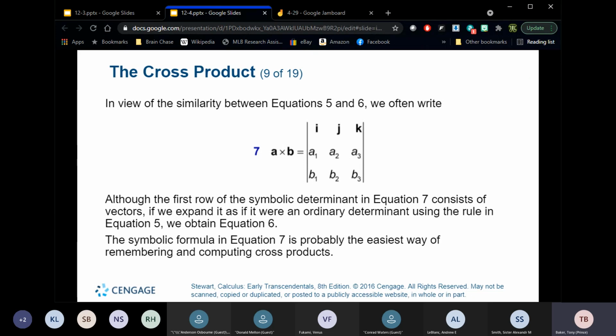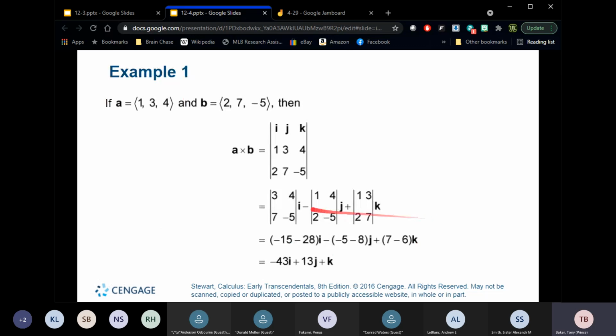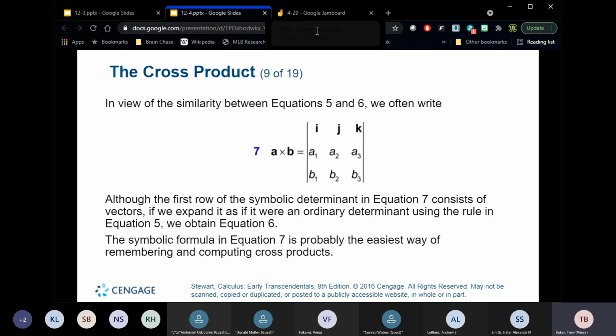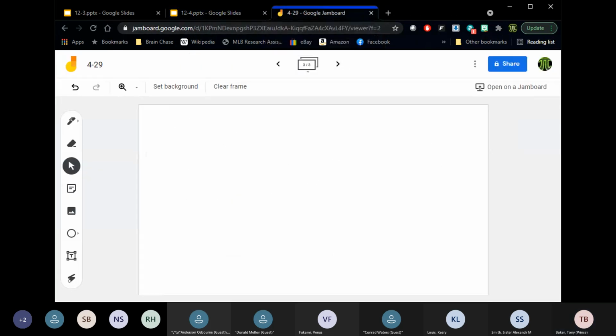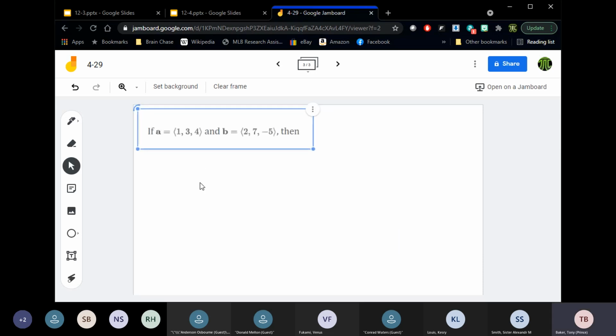All right. Let's actually do one now. So I'm going to do it out. All right, so we want to find the cross product of this.